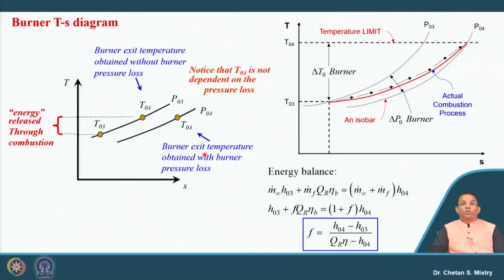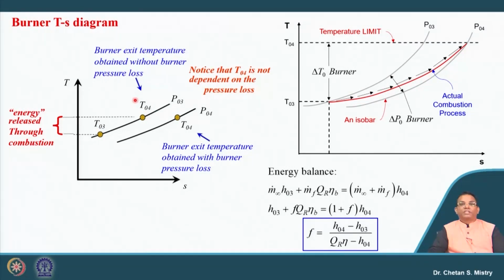Now, let us try to look at that on our TS diagram. Here, this represents my ideal process, where my flow enters at temperature T03. I add my fuel here, and because of this addition of fuel, because of constant pressure combustion, my temperature will be raised.